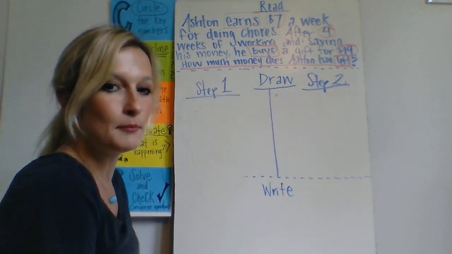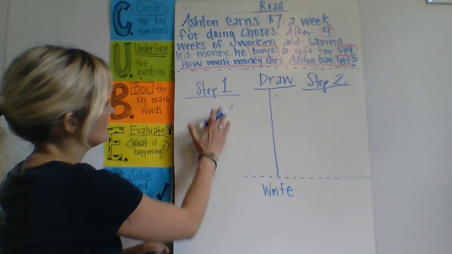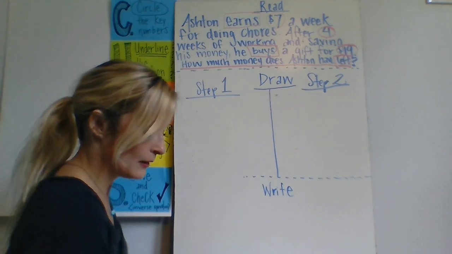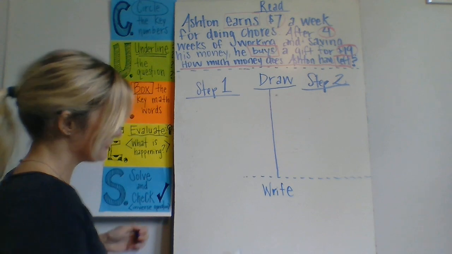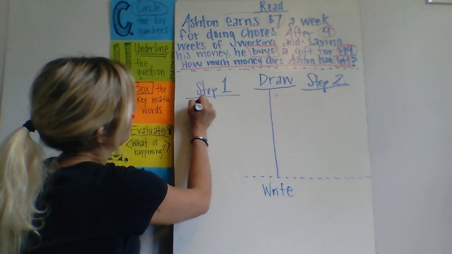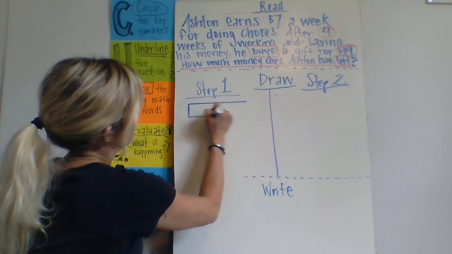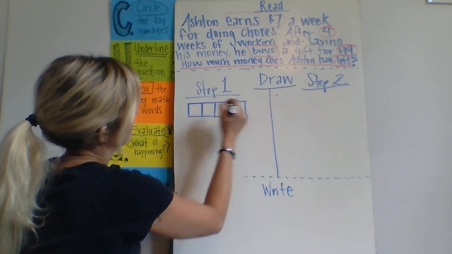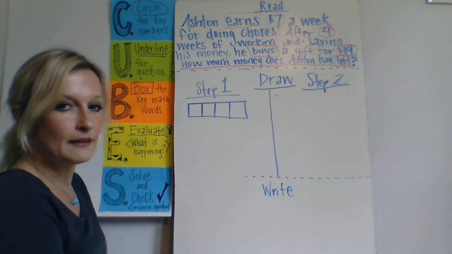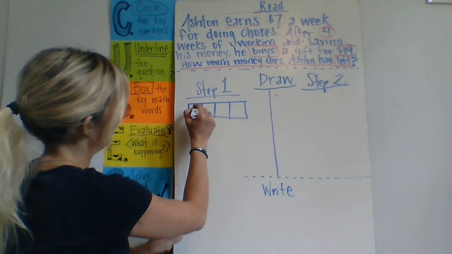Now, I'm going to draw a model just to help you guys remember what we do in Eureka with our tape diagrams. So we have 4 weeks, and $7 earned per week.